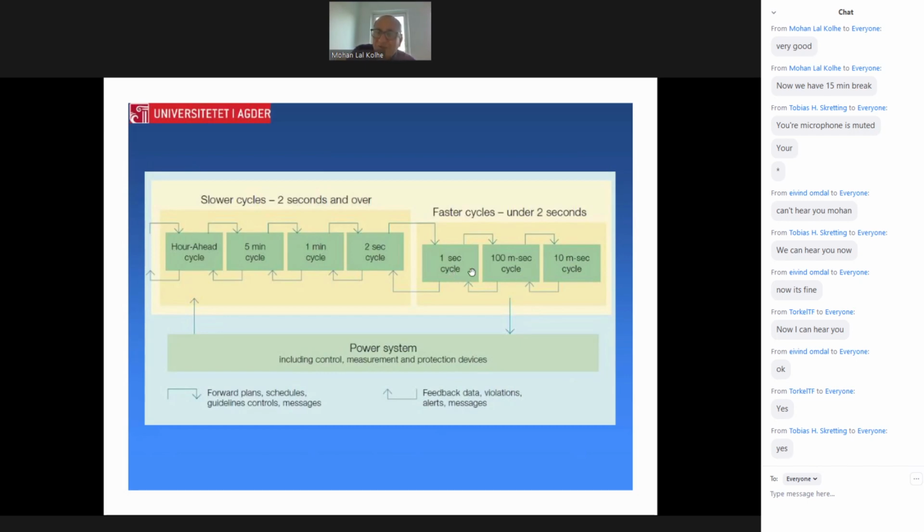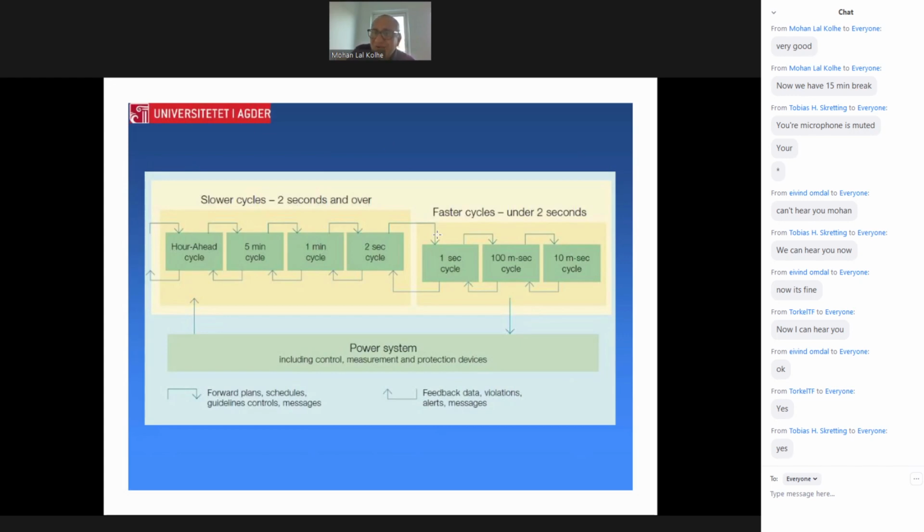Similarly, we then go to the 1 second cycle. All of these come under the primary control mechanism, and some information from the secondary control mechanism also comes in here, especially at the 2 second to 1 second level, where we change the input power to the turbine.